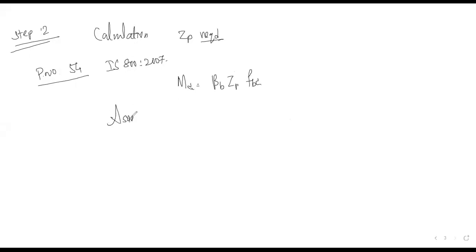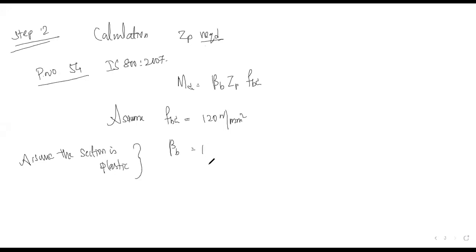Assume fbd is equal to 120 newton per mm square. So this is for all sections, and beta b is equal to 1, since we are going to assume the section is plastic. If it is plastic, then beta b is equal to 1.